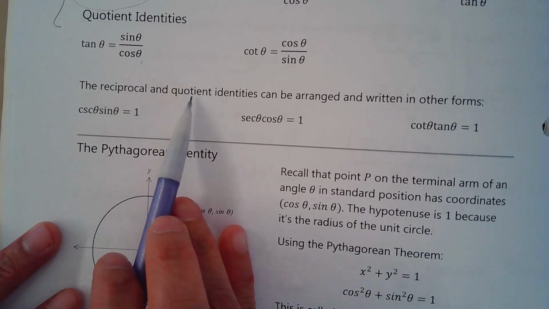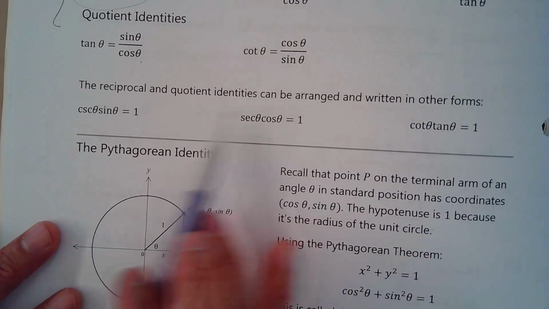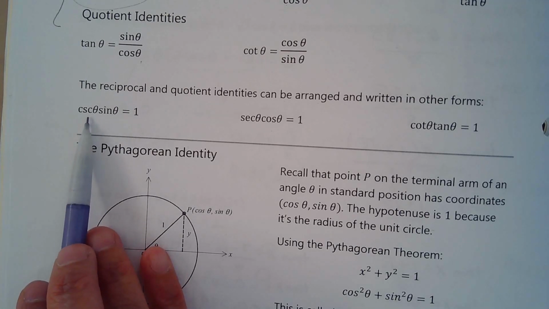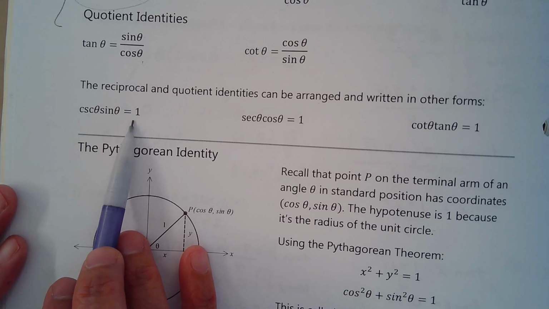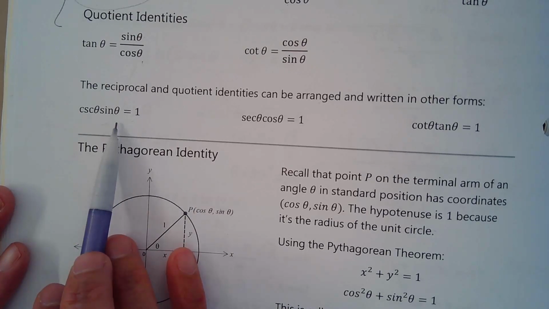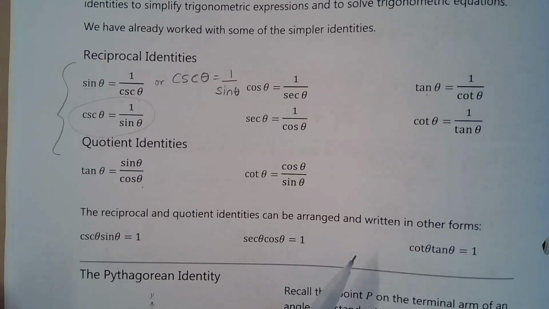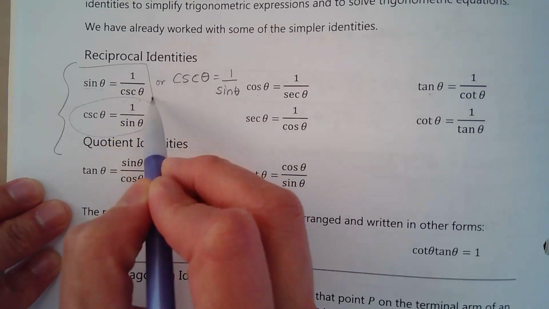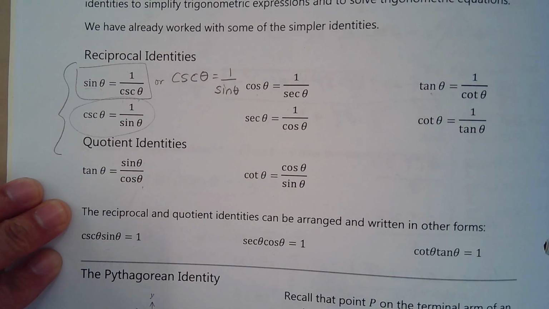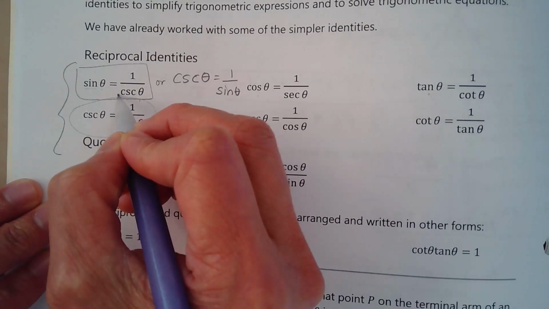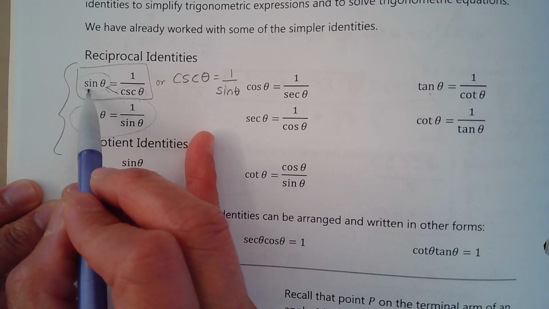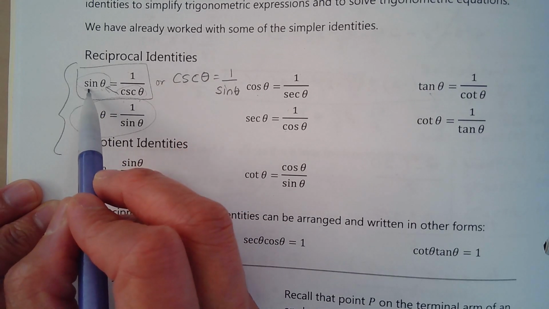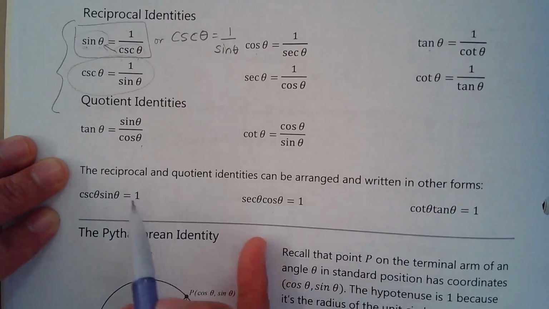Now, here's the other thing that's true. The reciprocal and the quotient identities can be arranged and written in other forms. So if we say cosecant theta times sine theta equals 1, how did that come to be? We multiply it out. If this is where it's coming from, we cross multiply that. So cosecant theta times the sine of theta is equal to 1.